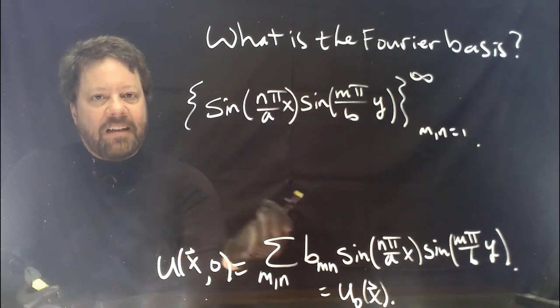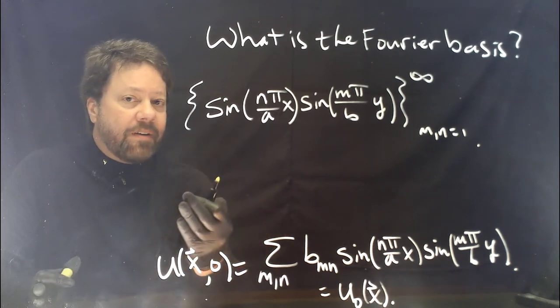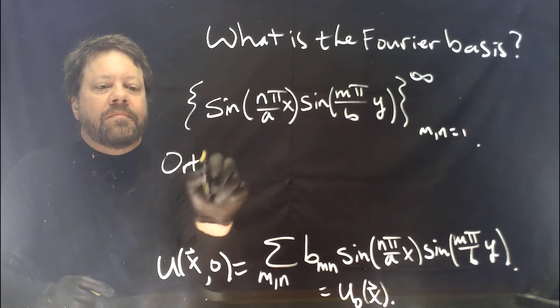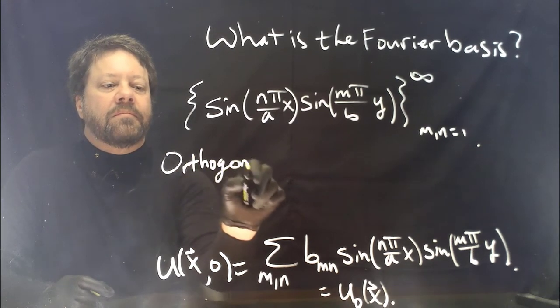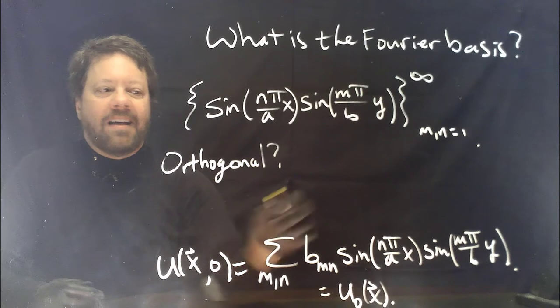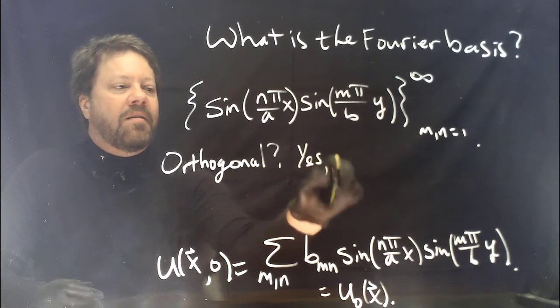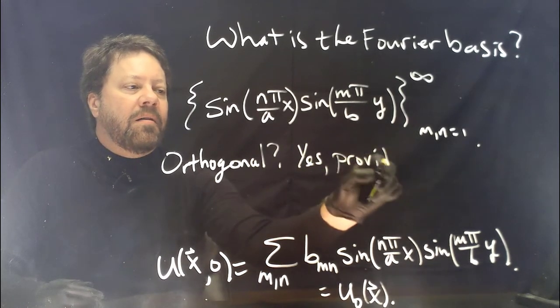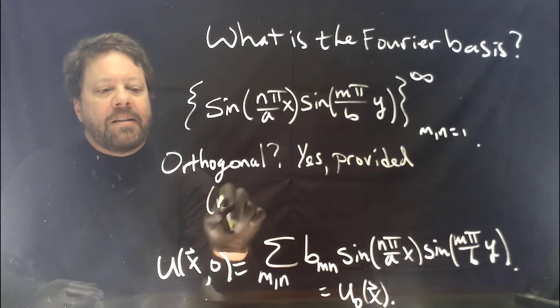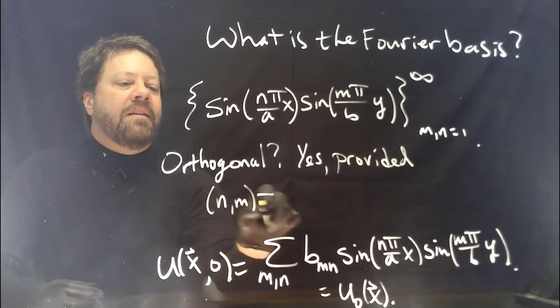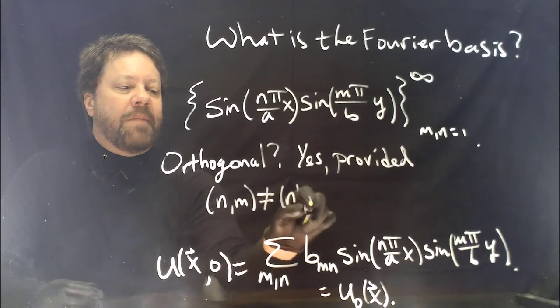Will these be linearly independent and will they be orthogonal? And the answer is yes, provided the point nm is not the same as the point n prime m prime.